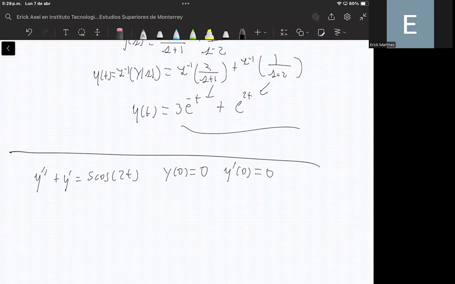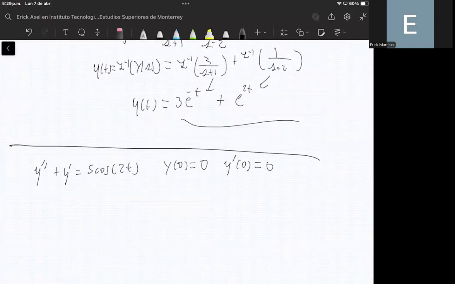So again, remember, the first step is to apply the Laplace transform to the whole differential equation. We have the Laplace transform of y double prime plus the Laplace transform of y prime is equal to 5 times the Laplace transform of the cosine of 2t.